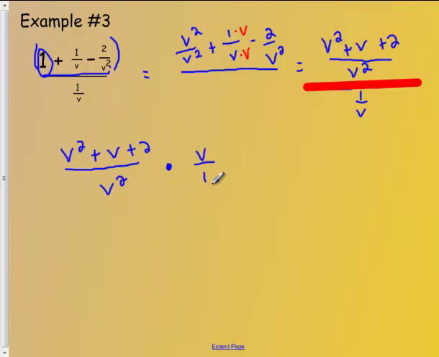So I'll reciprocate the last fraction on the bottom there. And wow, it turns out that I can rewrite this v squared as v times v, and they can cancel out. V squared plus v plus 2 is what I have on the numerator, and on the bottom I'm left with a v.